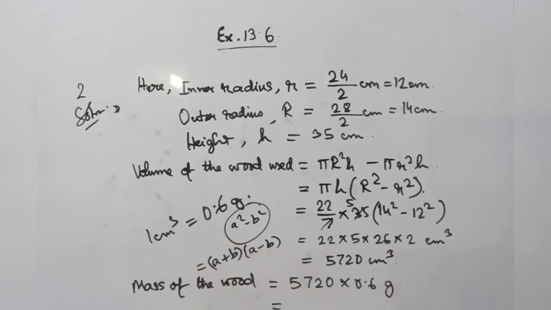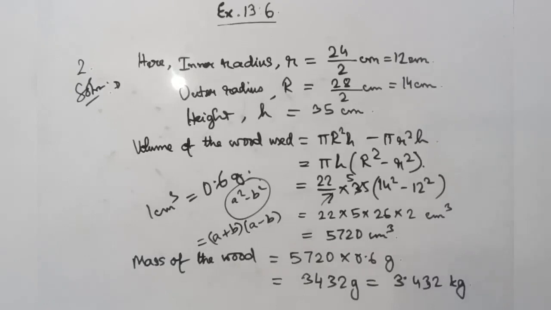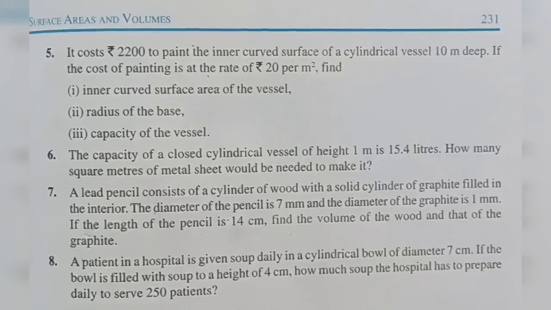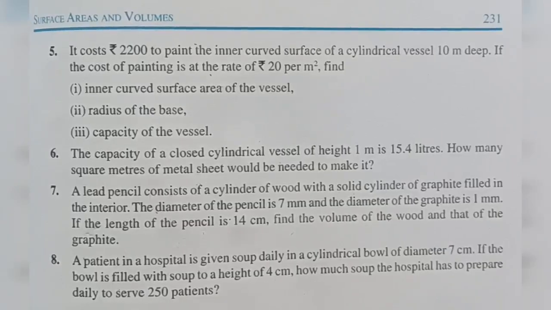This will be equal to 3432 gram, which is equal to 3.432 kg. So the mass of the wood is 3.432 kg.